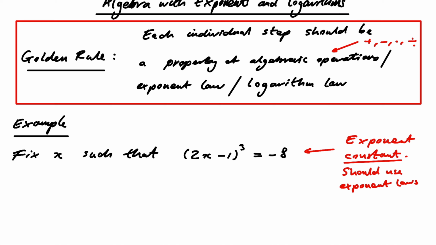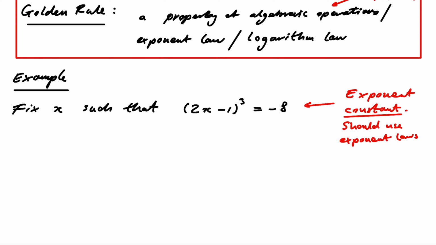So the first thing is, if I'm taking something to the power cube, how can I undo that? Well, I could take a cube root. So let's get this going. Let's start with the original statement. It's a good idea to write that down. That's my starting point. So this would imply, this is the implication symbol, of course, that if I take the cube root of both sides, which is completely fine because you can take cube roots of anything, remember, because 3 is odd, it stays the same.